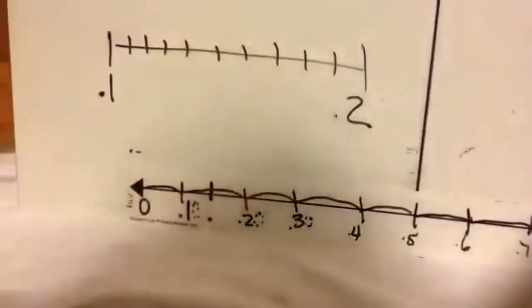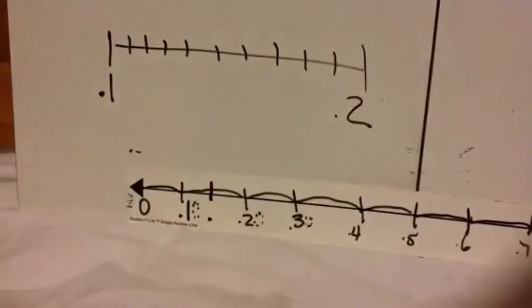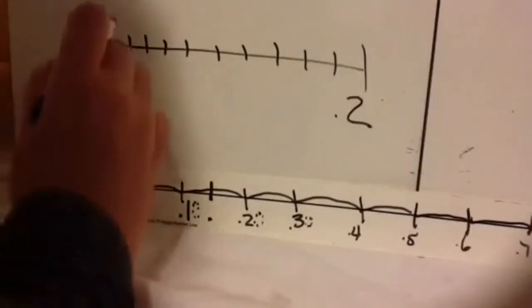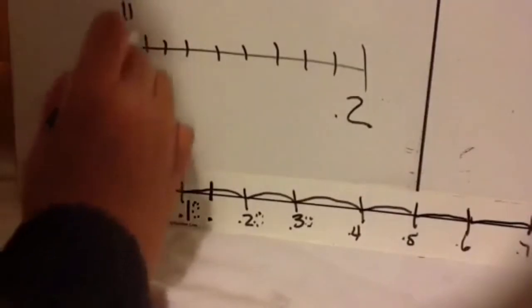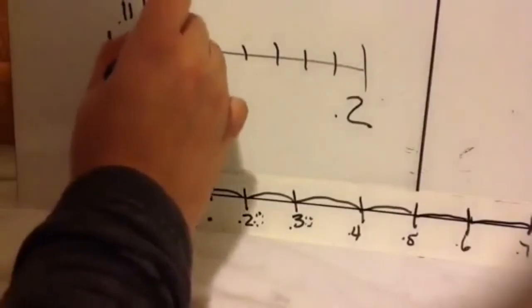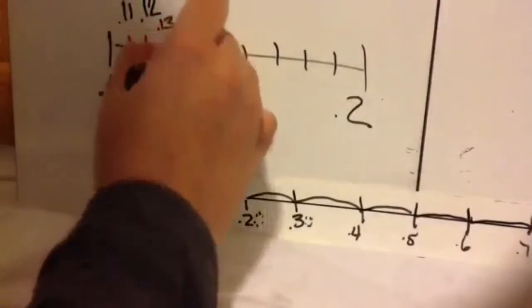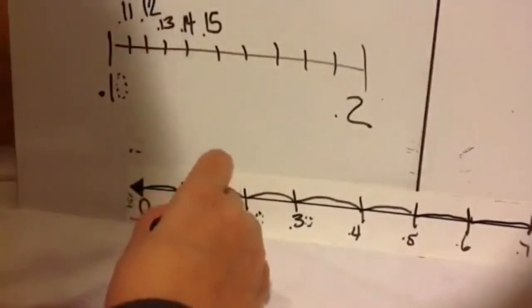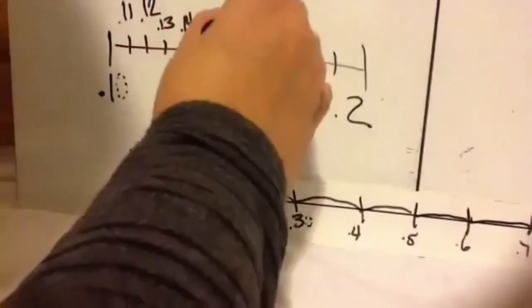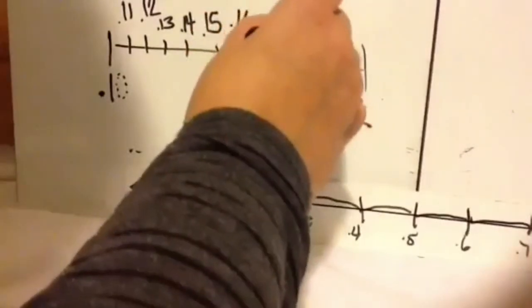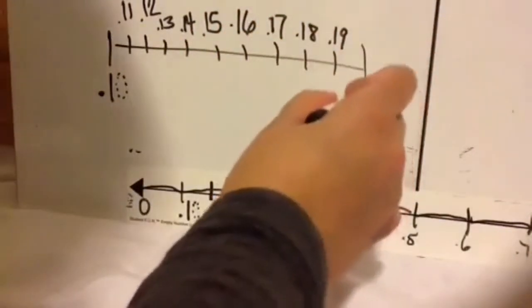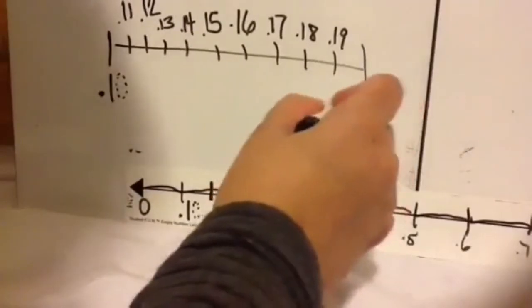Think 10 more pieces in between the 1/10 and the 2/10. If this is 10 cents, then this is 11/100ths, 12/100ths, 13/100ths, 14/100ths, 15/100ths, which was the halfway point I wanted to know, 16/100ths, 17/100ths, 18/100ths, 19/100ths, and then this would be considered 20 cents.